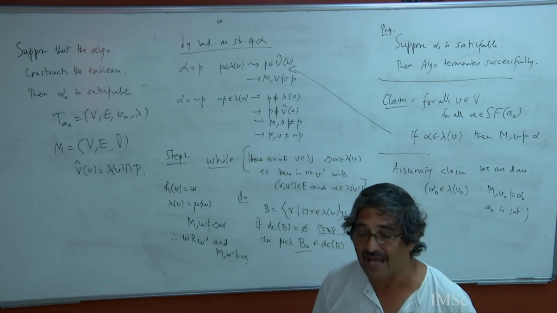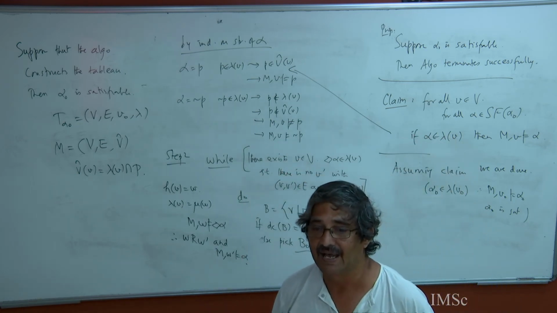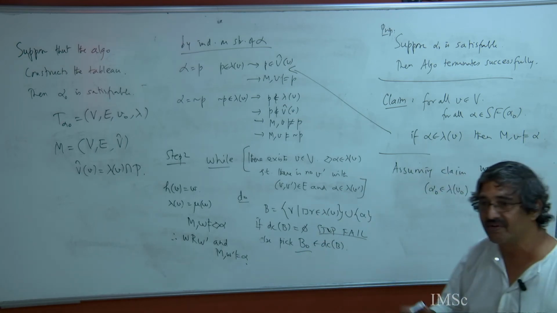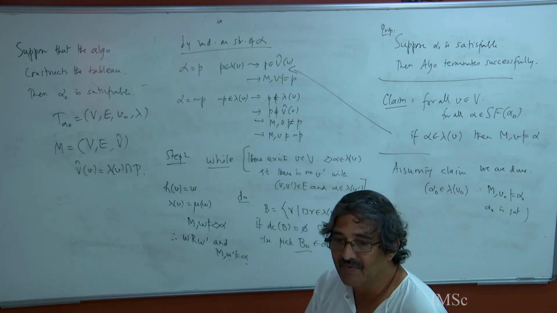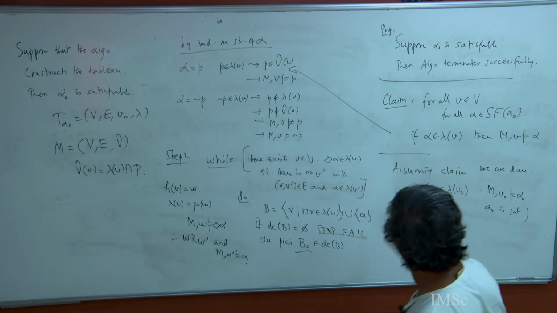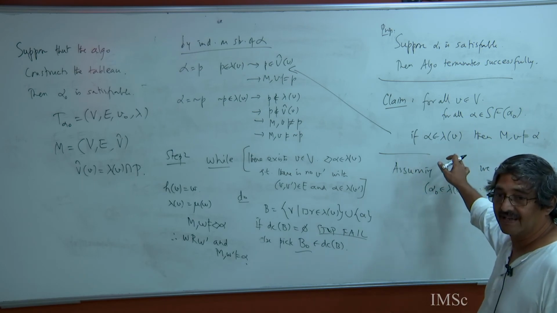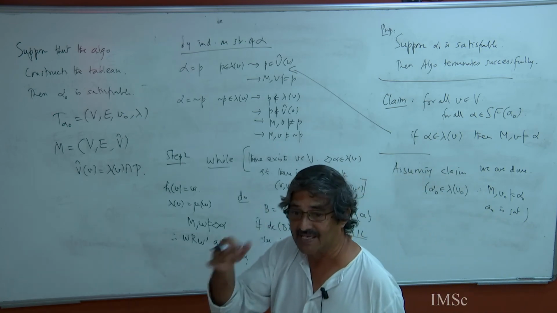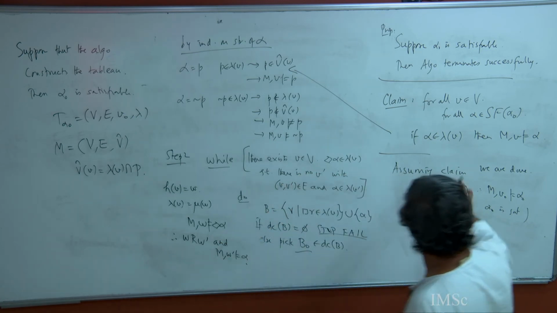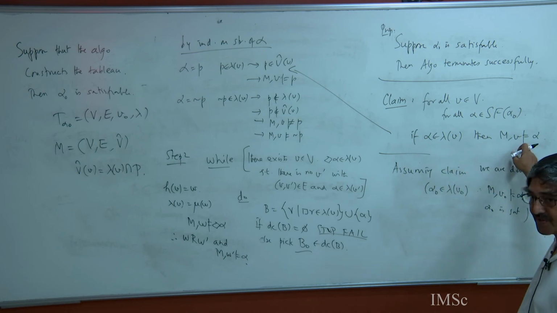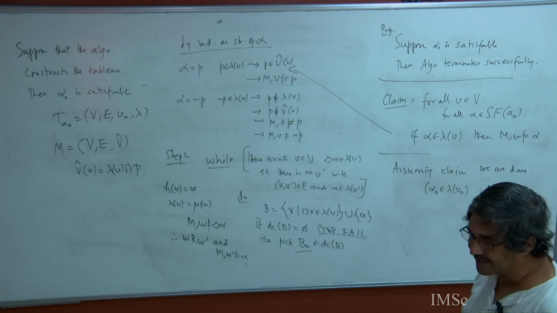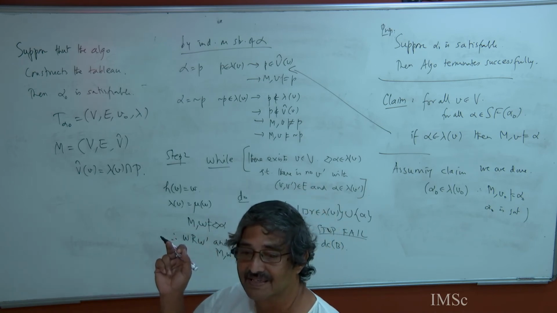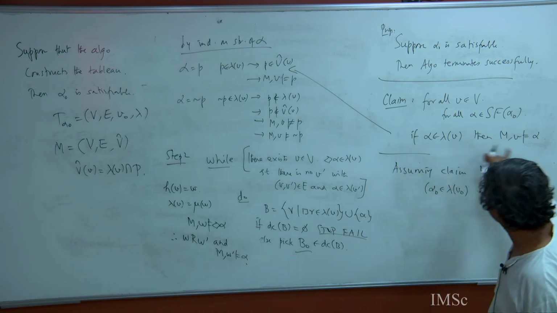So note that I pushed negations all the way inside, and therefore I am able to prove this in one direction. Most of the inductive proofs you have seen so far deal with full negation, that will work only in the if and only if case, right? You can't do those proofs in one direction, because if not alpha belongs to lambda of V, suppose we have to show this, then in your usual consistency arguments you will say alpha doesn't belong to it, and then you want to apply the induction hypothesis, but the induction hypothesis goes in this direction.